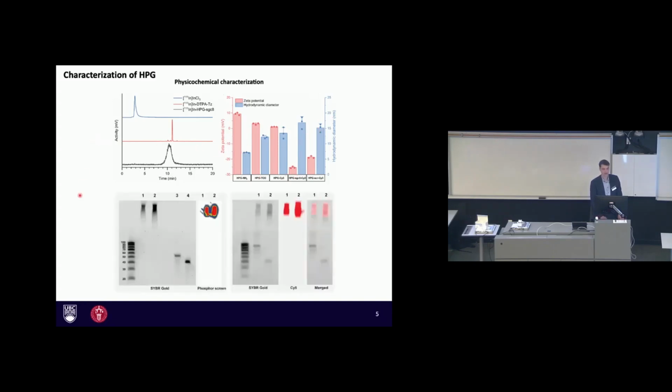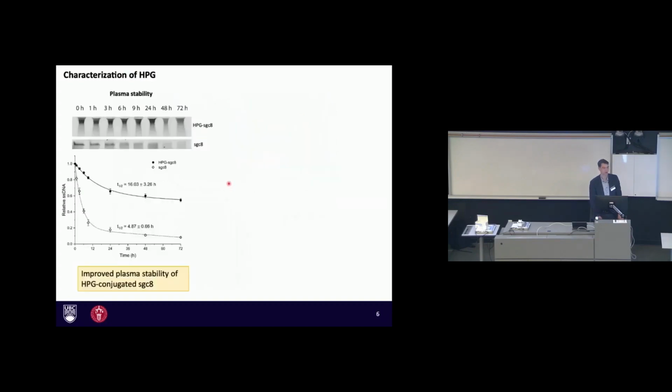We also did some gel electrophoresis to show that we are actually able to functionalize HBG. This is shown here on top, with our oligonucleotides, so SGC8 aptamer or a control sequence, which overlaps very nicely with our fluorophores. So this synthesis approach worked really nicely.